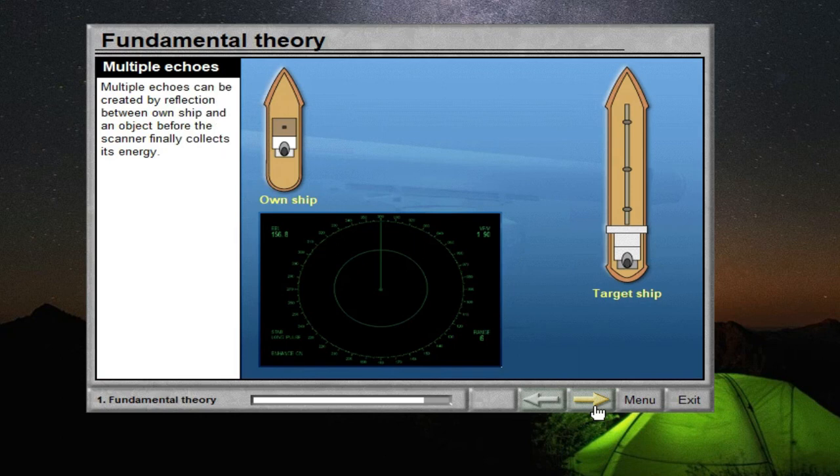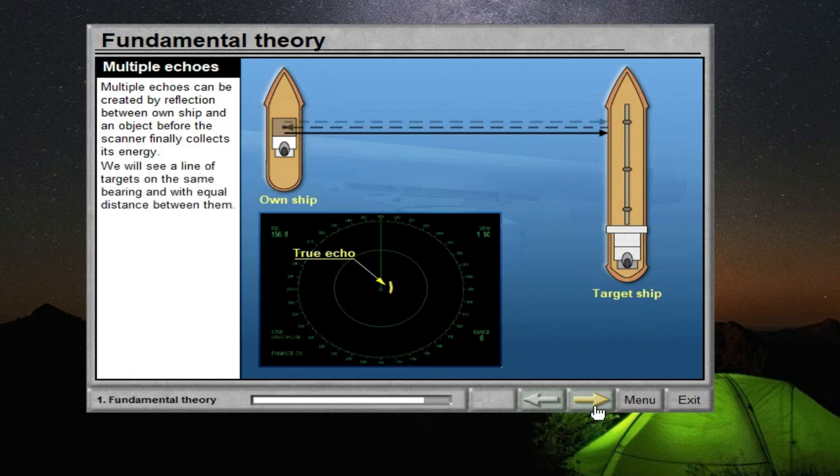Multiple echoes can be created by reflection between own ship and an object before the scanner finally collects its energy. On the PPI, we will see a line of targets on the same bearing and with equal distance between them.